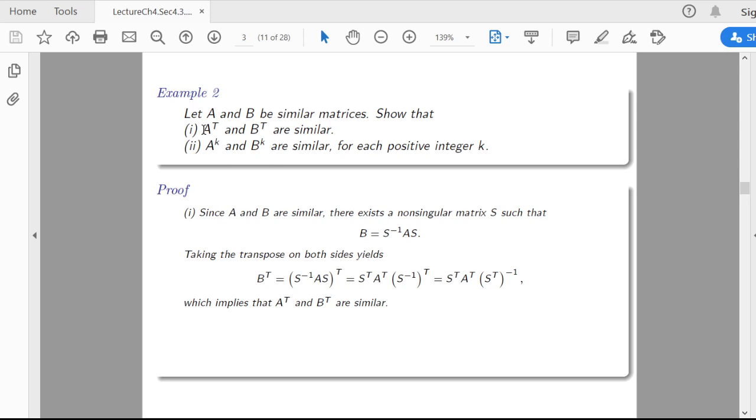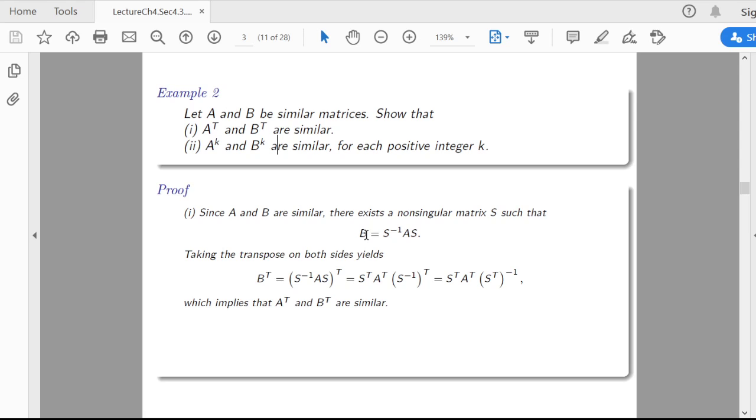Let's consider the first part. We want to show the transpose of A and the transpose of B are similar. Where do we start? We start from the assumption A and B are similar, so that based on the definition, we have a non-singular matrix S such that B equals the inverse of S times A times S. Then starting from this equation, we take the transpose of both sides.